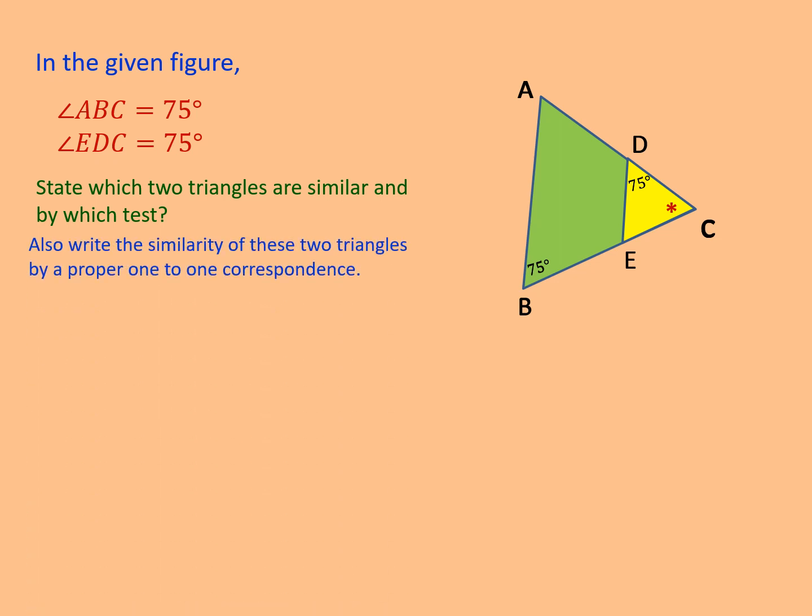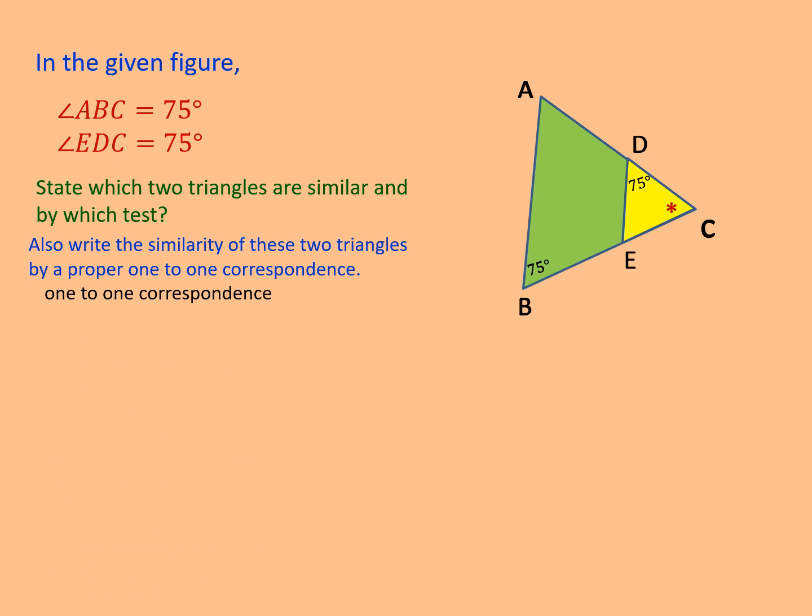So we will also do similarity for these two triangles by proper one-to-one correspondence. First we will see what the corresponding vertices are between the two given triangles. As you see in the figure, we have two different triangles.